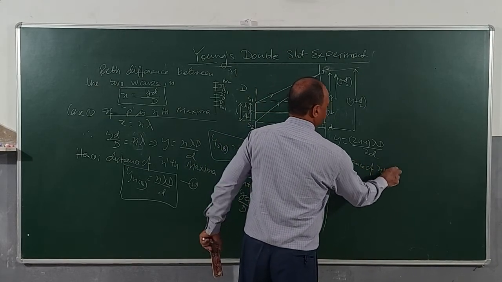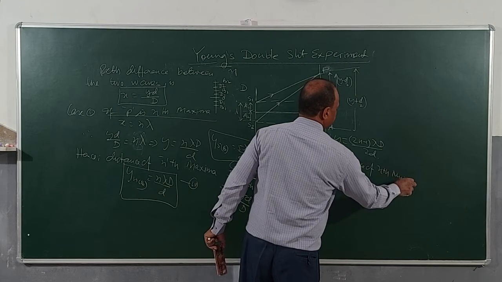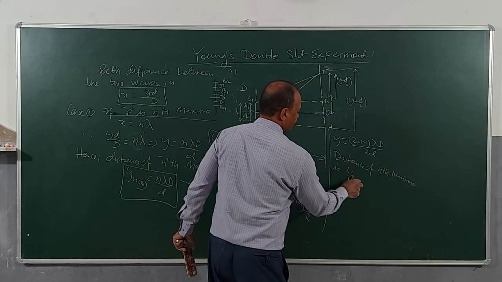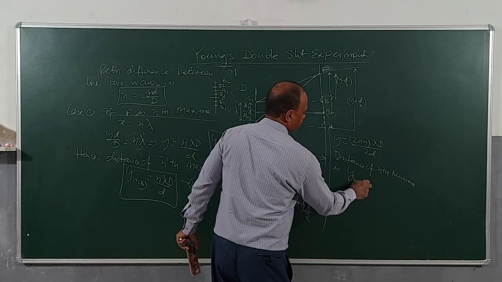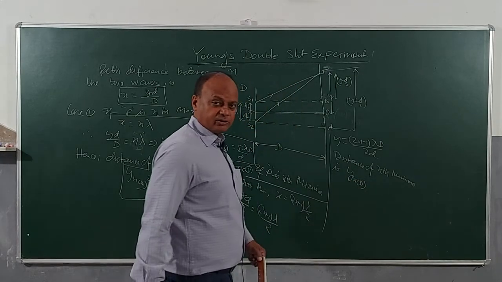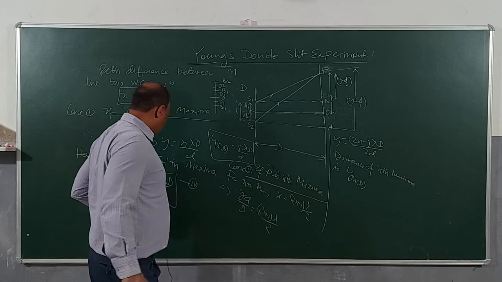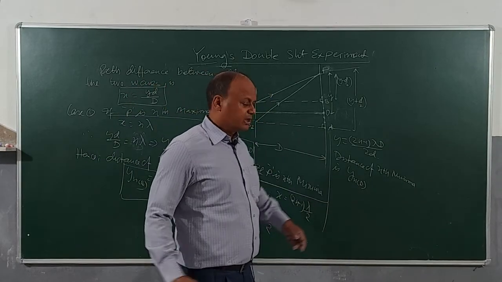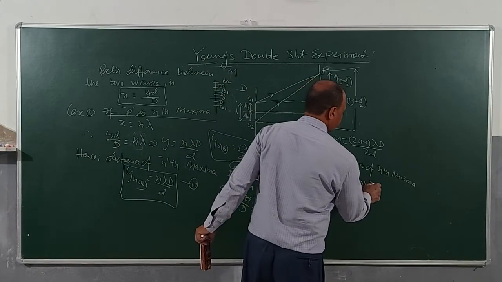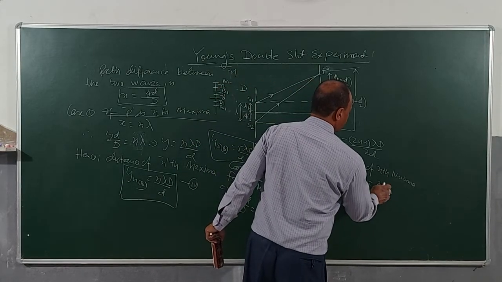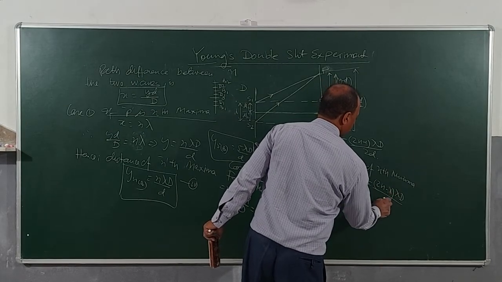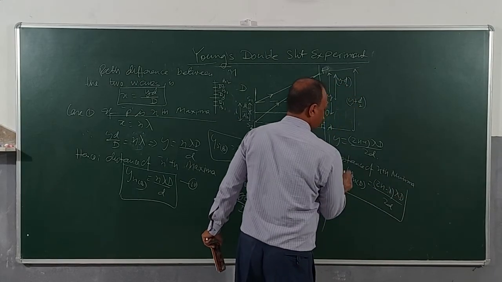So we come across another interesting and important formula, the distance of nth minima is yn for dark. Here I am writing b for bright spot maximum and d for dark spot. It is equal to (2n minus 1) into lambda D by 2d.